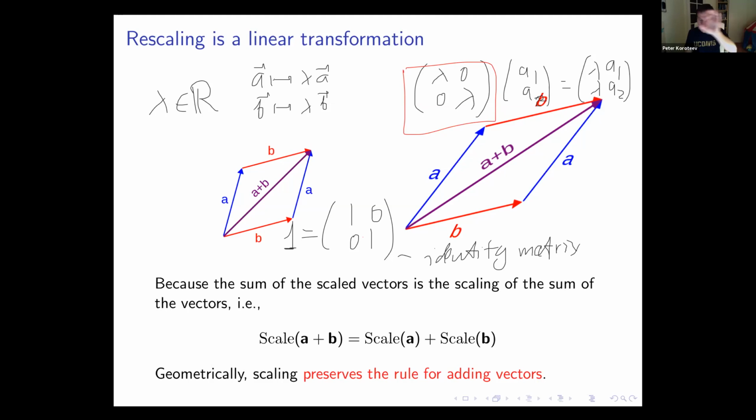It takes X and maps it to X; 1 times X is equal to X. Some textbooks use I or E, but I'm just going to write 1, and from the context it will be clear whether it's a matrix or a number. Then the matrix for rescaling, you can call it R lambda, a linear transformation that rescales by lambda. You can write it as lambda multiplied by the identity matrix. So this is rescaling.